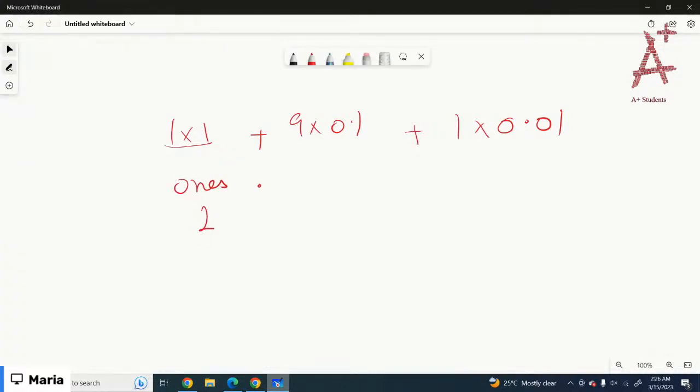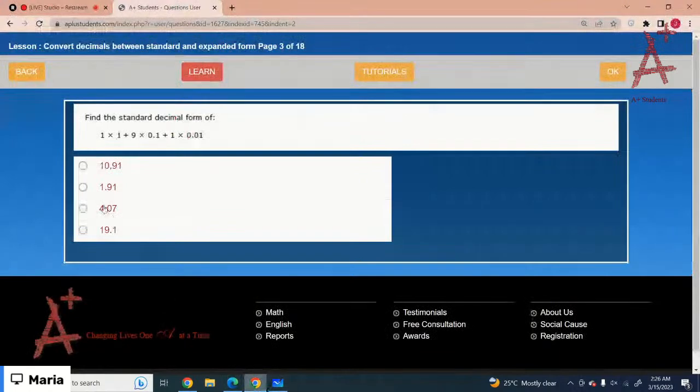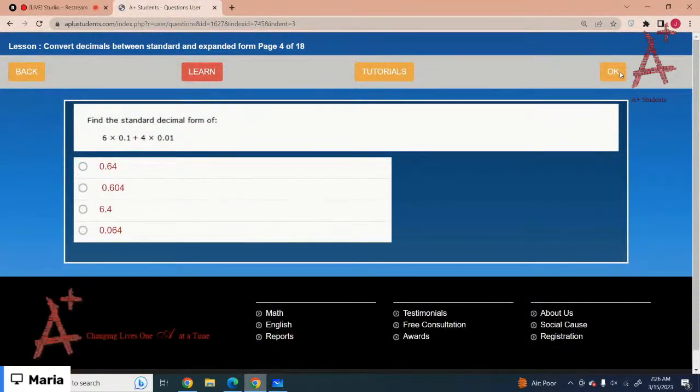Got it? Then 9 times 0.1 means that is the digit at the tenths position. Then you have the hundredths position. That would be 1 times 0.01. So it would be 1.91. Got it? Yes, very good. The number is 1.91. Option number 2 is the correct option.